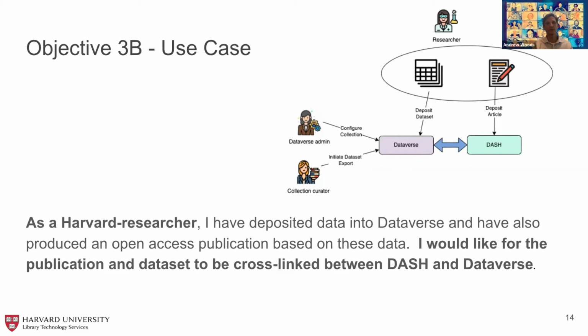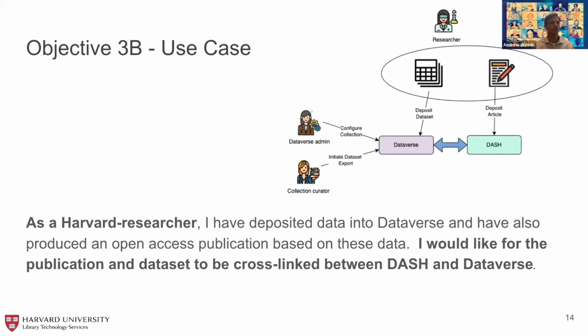And likewise, if I come across the data set, there will be links in the metadata associated with the data set that reference the articles that talk about the findings based on that data set. So discoverability for the researchers, and also we're motivated to increase awareness of these systems. So in the case that the researchers don't currently use either Dataverse or Dash, this cross-linking facilitates awareness of the systems.